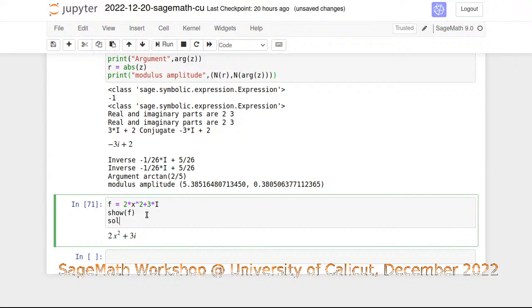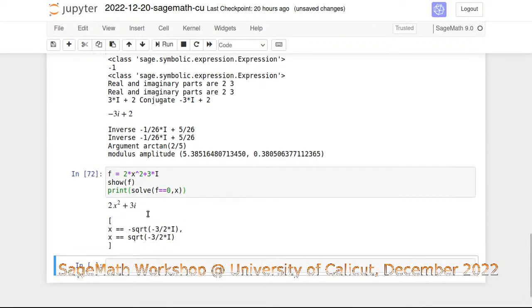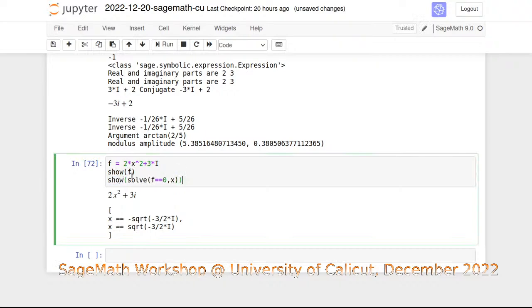So if you solve f equal to 0 for x, you are getting the numbers to be this.